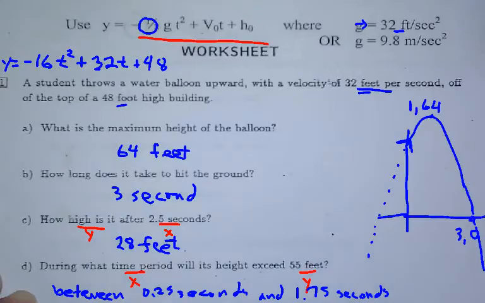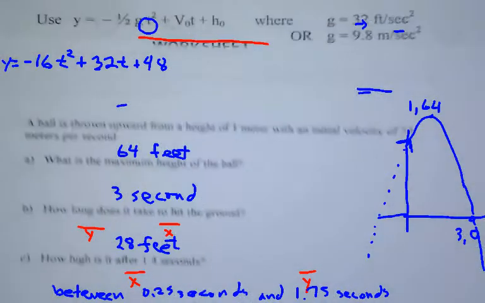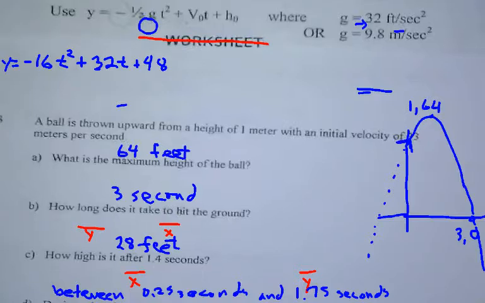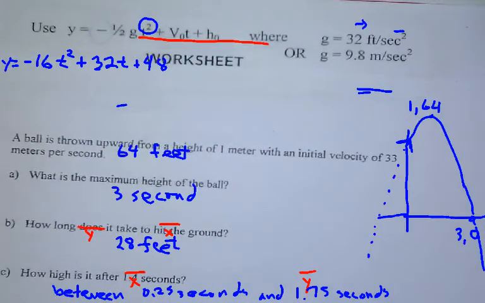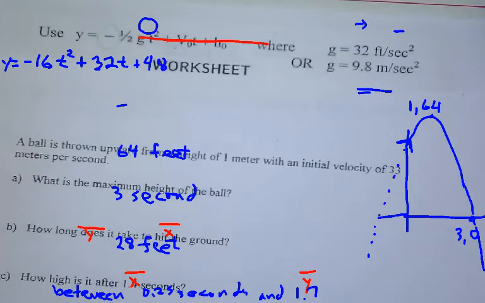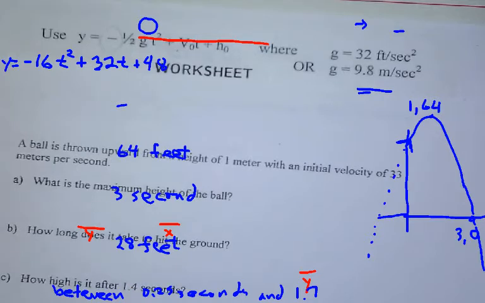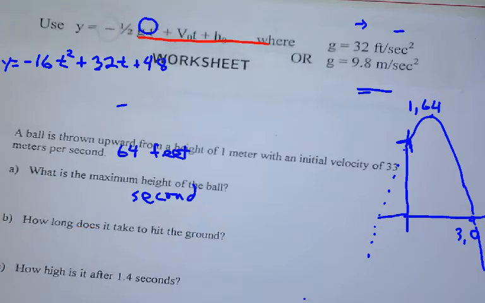Let's do another one. Let's do this one. So we need to clean out all this junk. Can I get it all at once? I don't think so. No. We'll just do a little bit of erasing here.